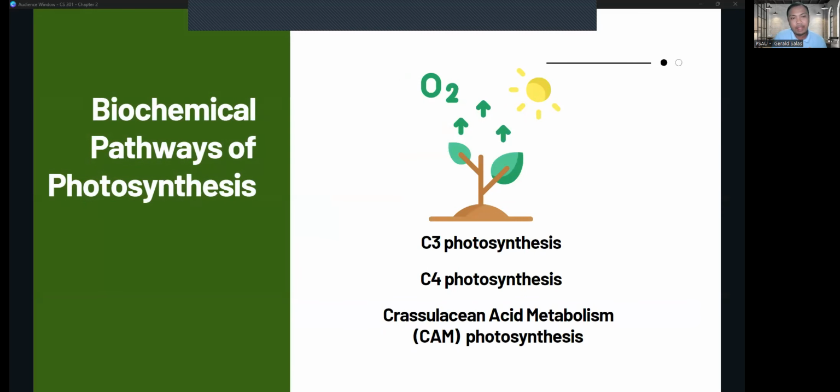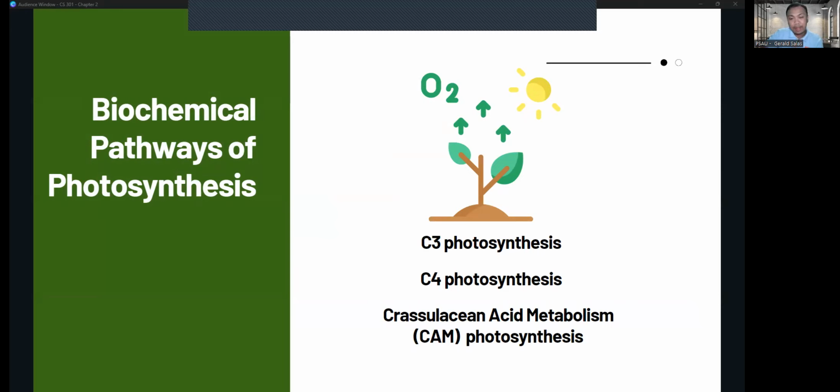So we have three biochemical pathways of photosynthesis. We have the C3 photosynthesis, we have the C4 photosynthesis, and we have the crassulacean acid metabolism or CAM photosynthesis.